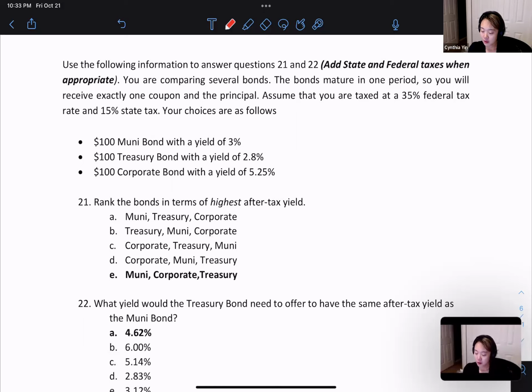You are comparing several bonds. The bonds mature in one period, so you will receive exactly one coupon and the principal. Assume you have two taxes: 35% is federal tax and 15% is state tax.